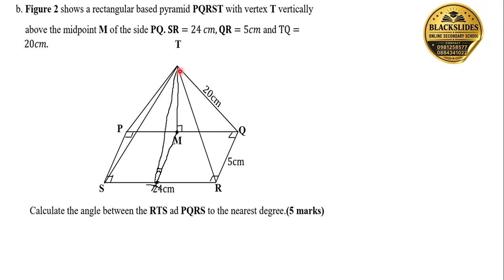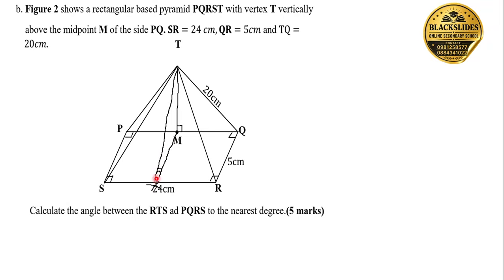If you look at triangle TMQ, where this angle is 90 degrees, we can find TM by using Pythagoras theorem. We also need XM, which according to the diagram is equal to this side here, because these sides are parallel and equal.